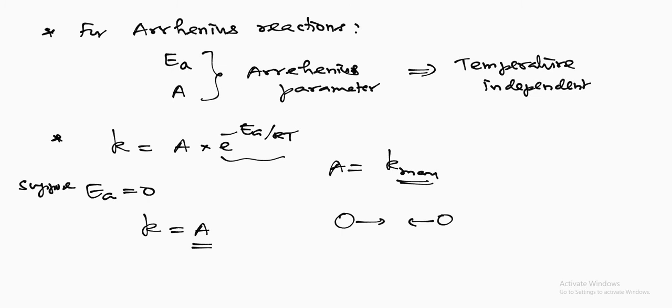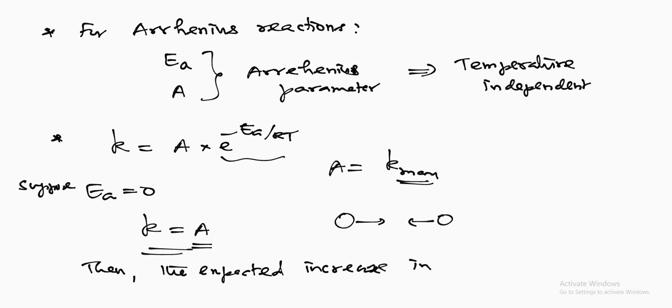If EA is 0, then the expected increase in rate may be observed. But in almost all chemical reactions, some activation energy is required.